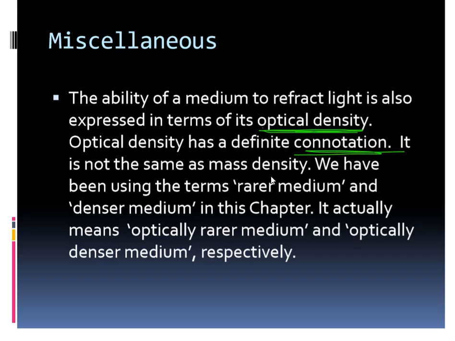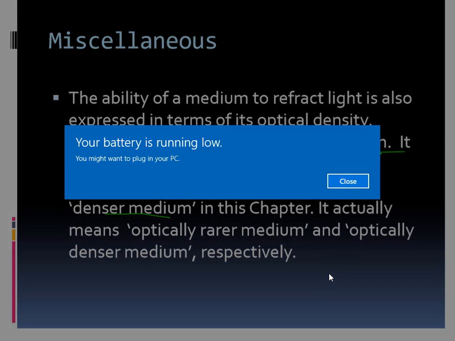It is not the same as mass density. As I told you, mass density and optical density are completely different concepts. We have been using the terms rarer medium and denser medium in this chapter. It actually means optically rarer medium and optically denser medium respectively. So earlier in the previous slides we used the words rarer medium, denser medium. That does not actually depend upon its density, it depends upon its optical density.